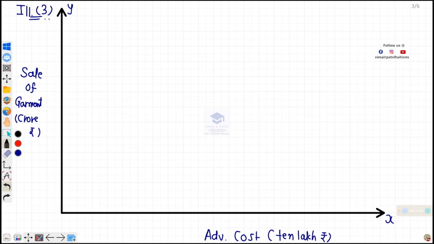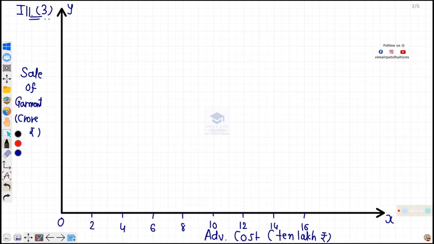Now the maximum value of x is 50. So we can take 1 centimeter equal to what accordingly. So with 2, 4, 6, 8, 10, 12, 14 and 16.